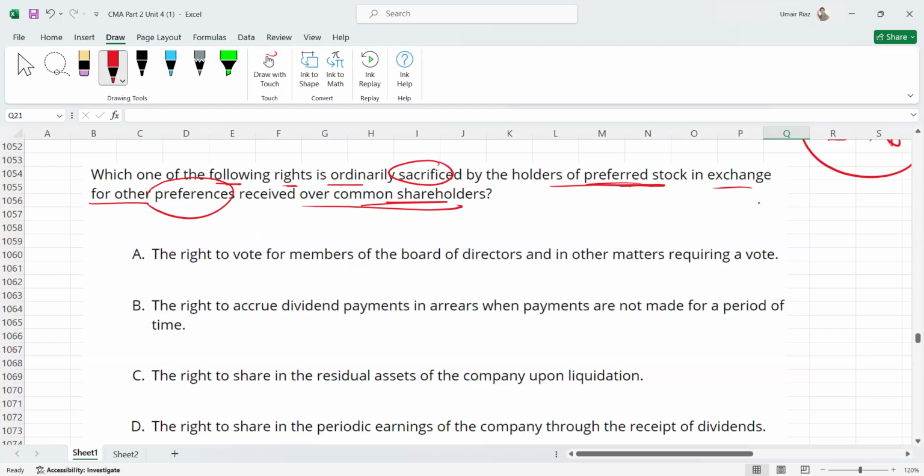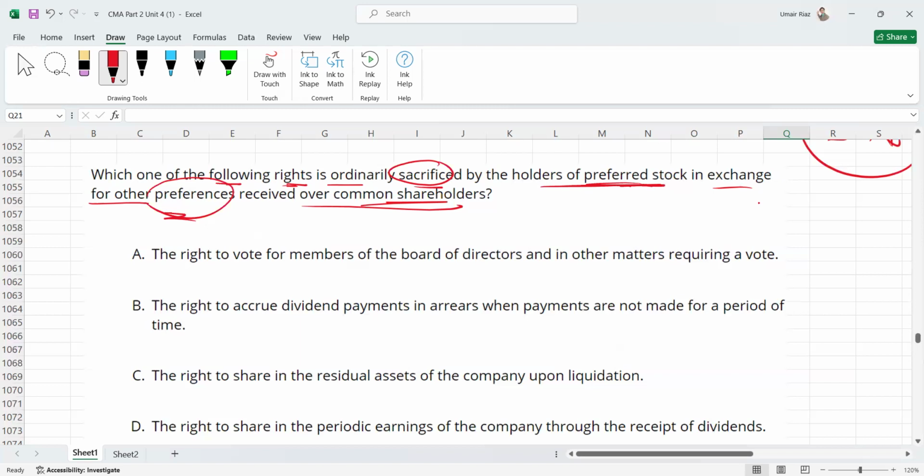Simply you have to tell what is the disadvantage of preferred stockholders, or what benefits they are losing by being preferred stockholders. You have priority in other cases, but you lose something also. So we have to tell that option, what you sacrifice being a preferred stockholder.